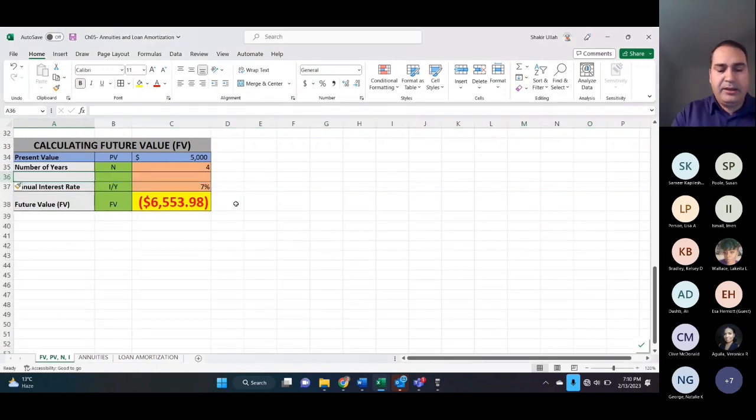And there's another thing: payments are taking place on a monthly basis.